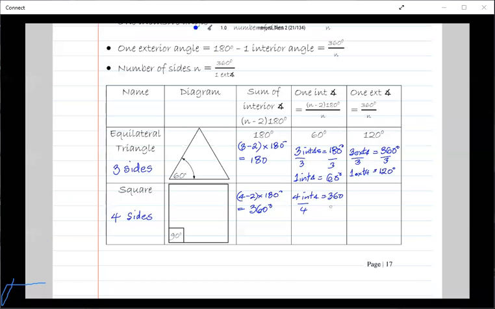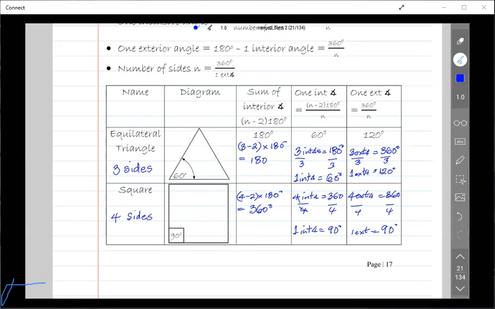So one interior angle would be equal to 90 degrees, which we know. Additionally, the 4 exterior angles also add up to what? 360. So again, one exterior angle is also equal to 90 degrees.